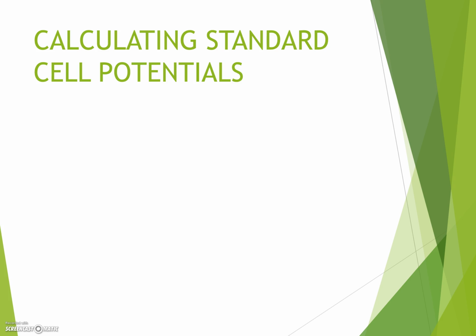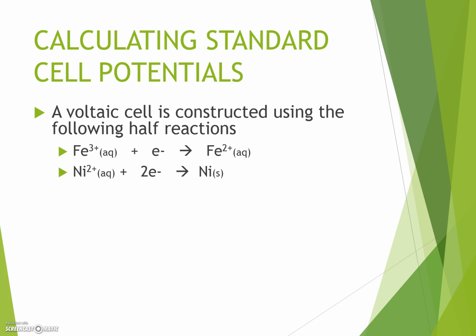So we're going to calculate a standard cell potential and draw a voltaic cell. And we're going to use this as our example. A voltaic cell is constructed using the following half reactions. So we're told that in one compartment we're going to have iron 3 ions going to iron 2 ions, and in our second compartment we've got nickel ions going to nickel atoms.